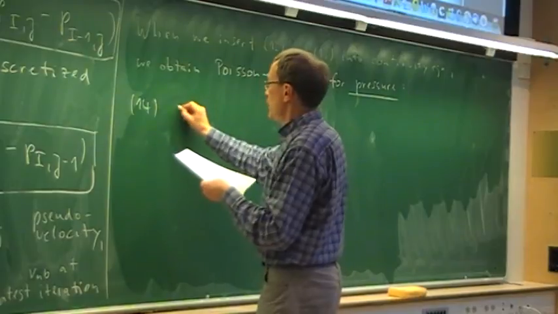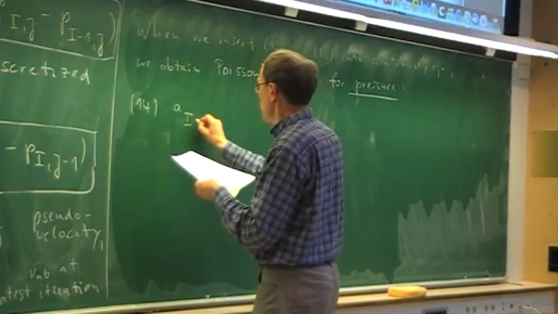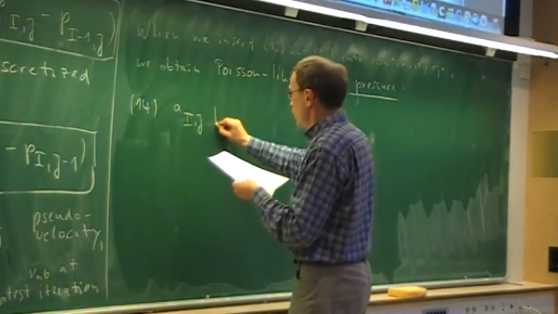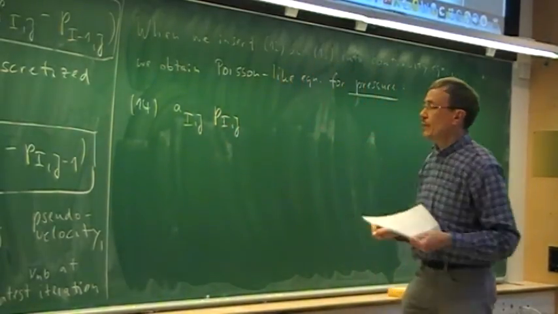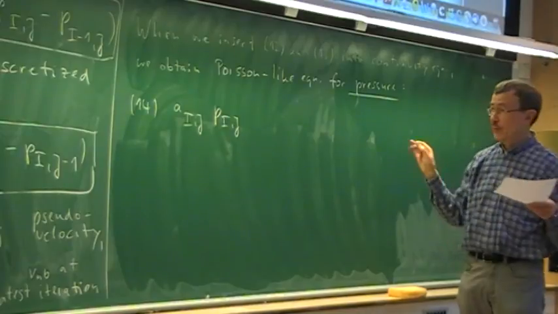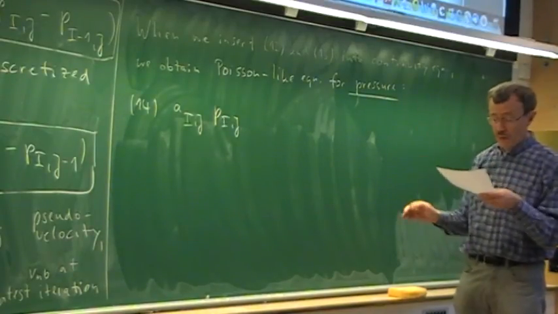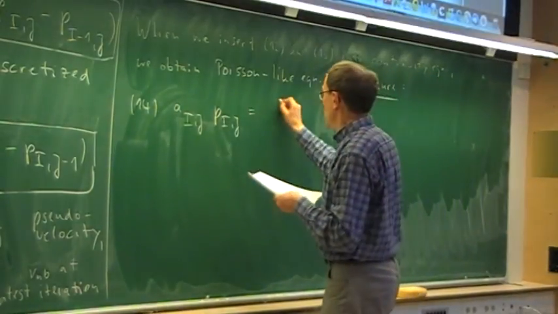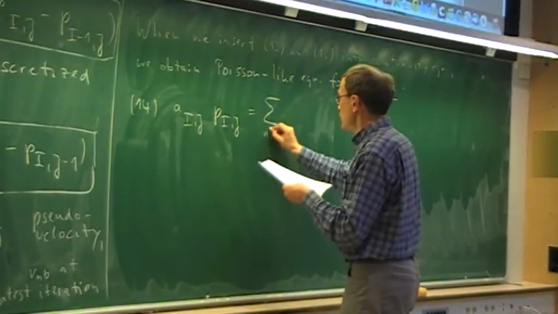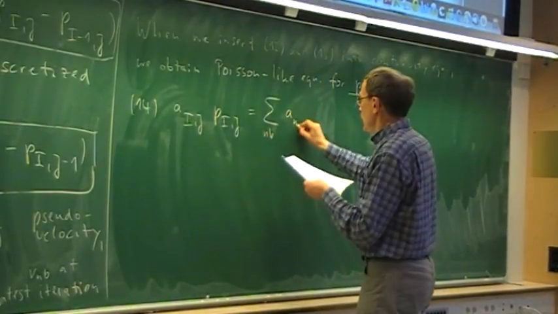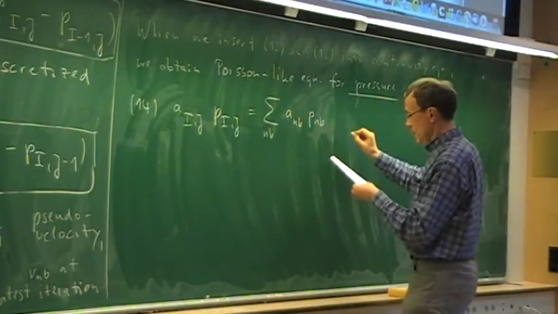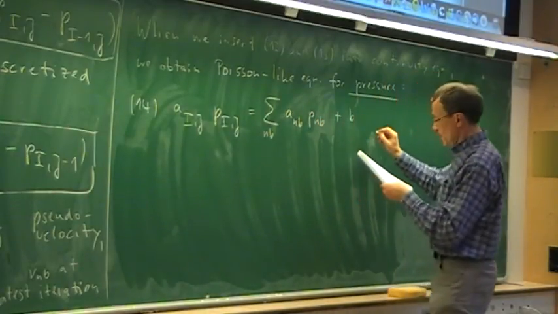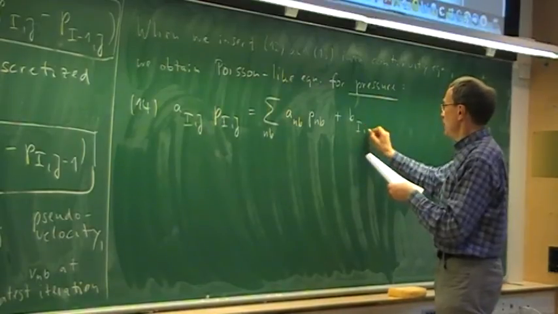So we get then the A coefficients times the pressure at the center node. So that is now the center node for the pressure. Remember, we are always discussing here what we do for the staggered grid. The sum over the neighboring coefficients times the pressure at the neighbors, plus some source term, which is B ij.